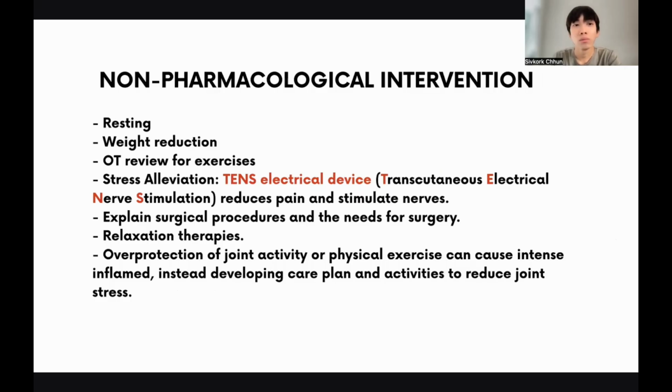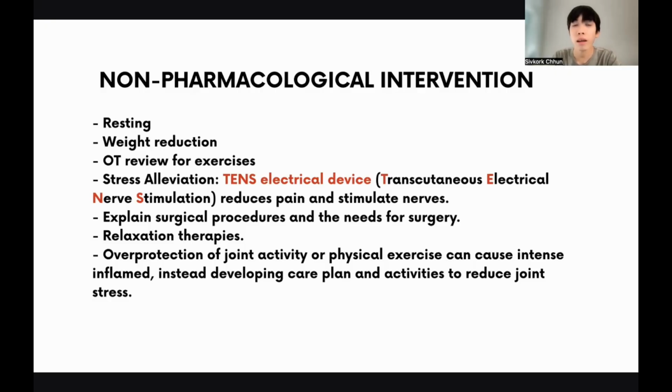Also, there are other non-pharmacological interventions that don't need medication to treat rheumatoid arthritis, including patient resting, weight reduction, following occupational therapy to review exercise, and stress alleviation. In this case, the nurse may use a TENS electrical device. It's called transcutaneous electrical nerve stimulation.